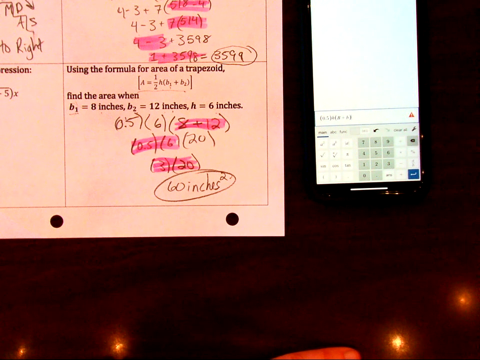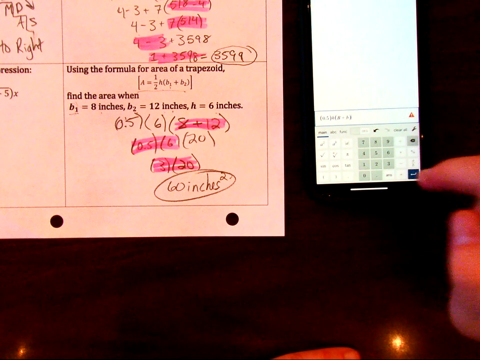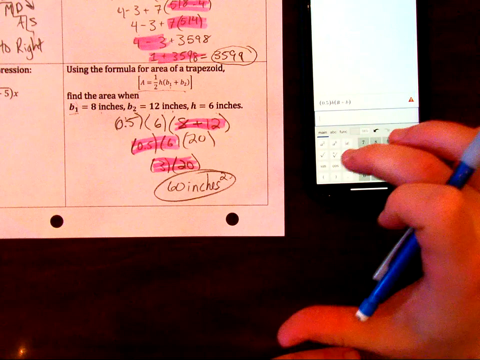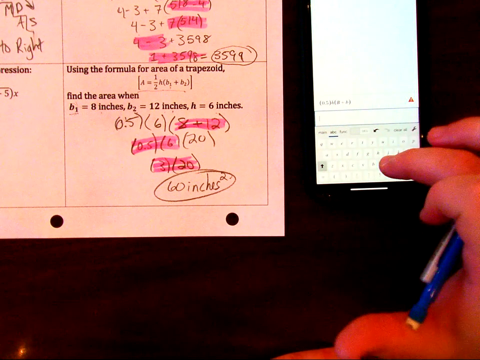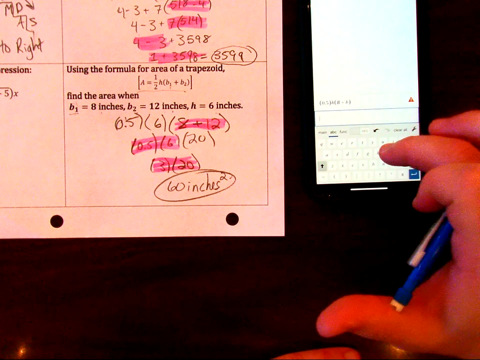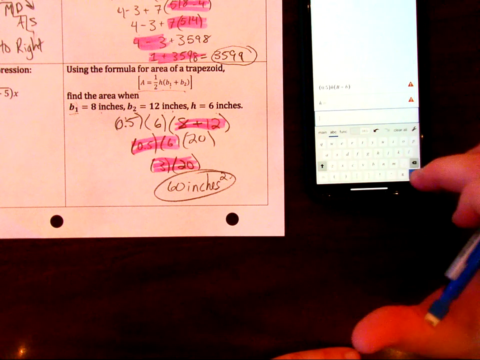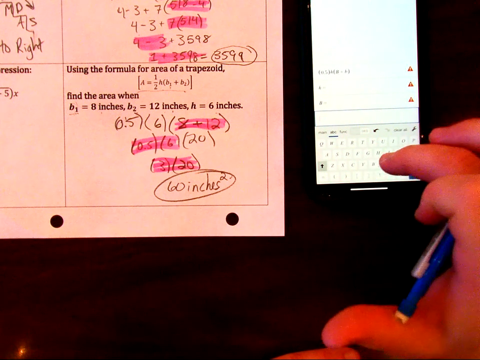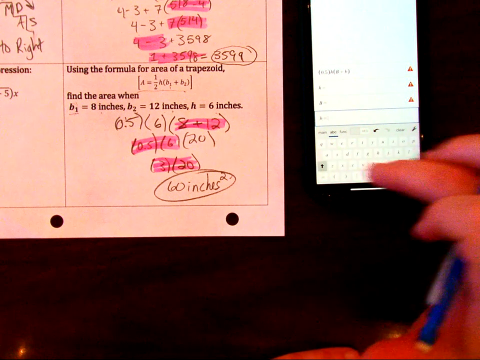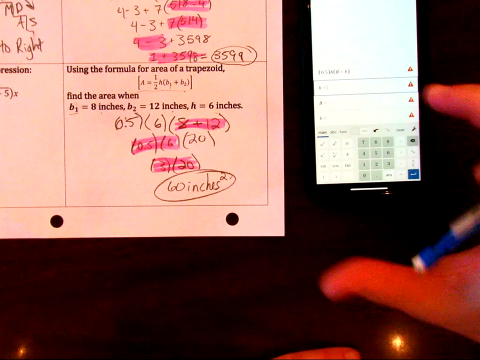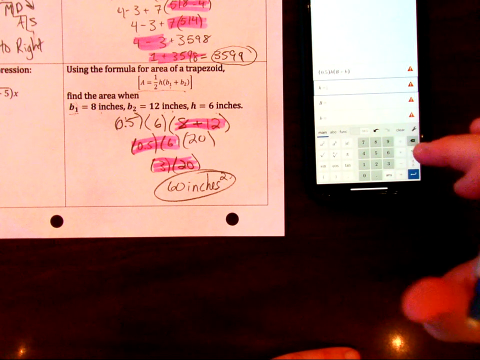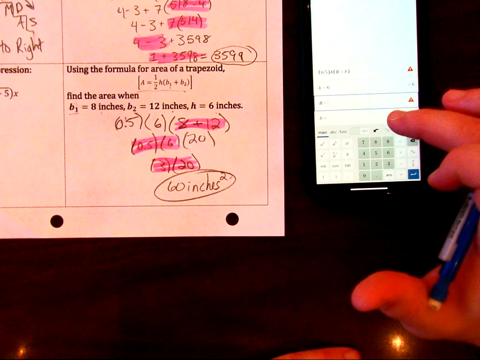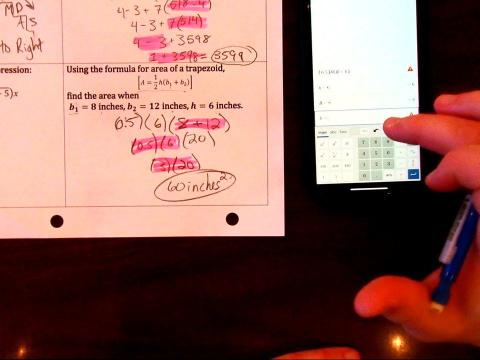It needs to define what those variables are. So we say, let's have our height equal, and then our first base and our second base. So we have our height is 6, our first base is 8, and our second base is 12.